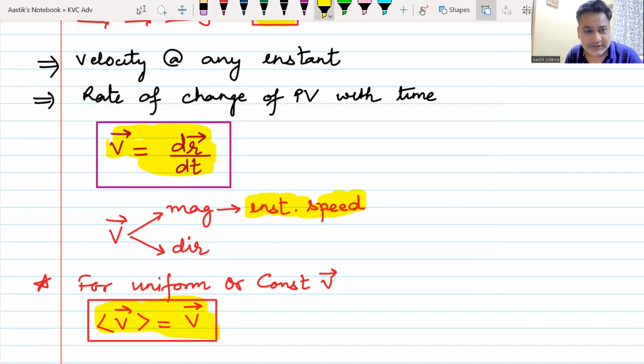Yes or no? Yes, sir. That is how you can understand instantaneous velocity, average velocity, instantaneous speed, and average speed. Do we understand this? Yes, sir. Anyone having any doubt on this?